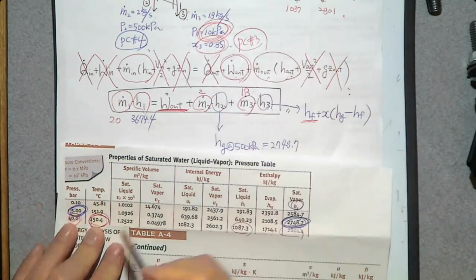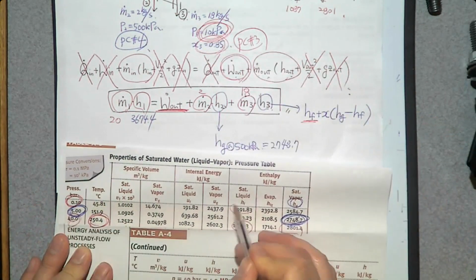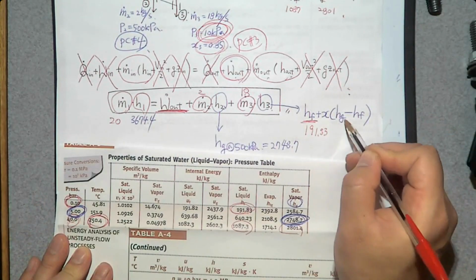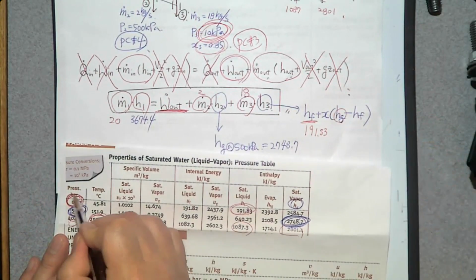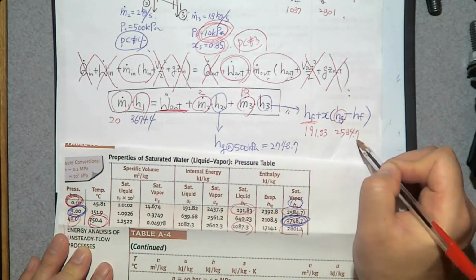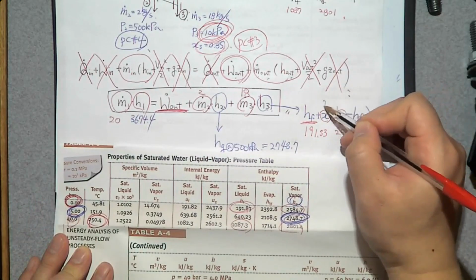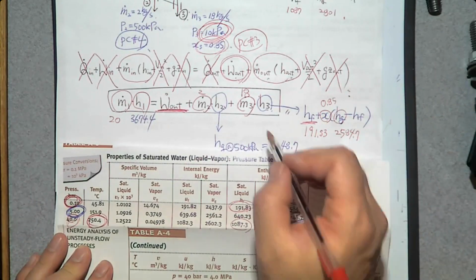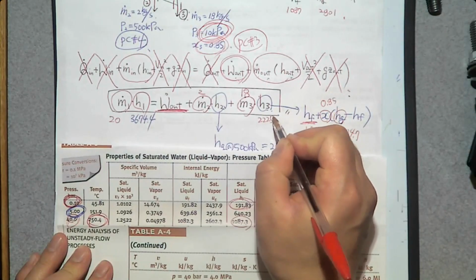At 10 kilopascal, Hf is 191.83. Hg at 10 kilopascal is 2584.7. What is the quality x? 0.85. So can you find H3? Yes, you can. H3 is going to be 2225.8.